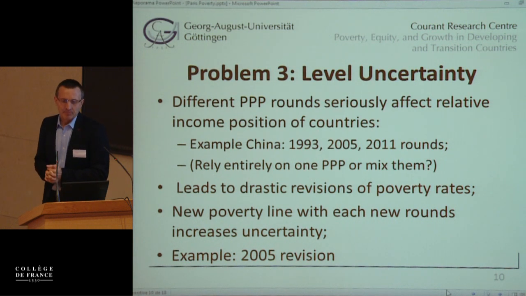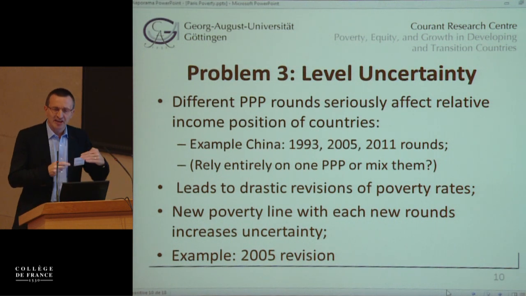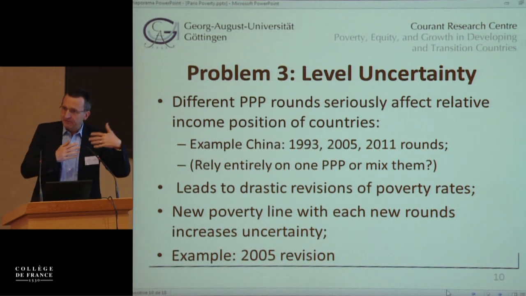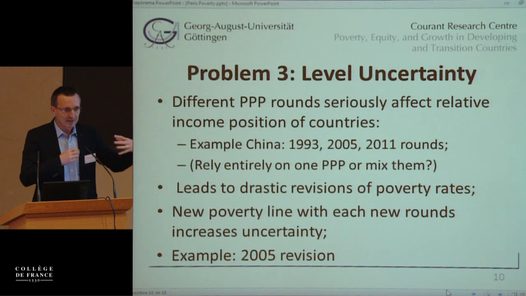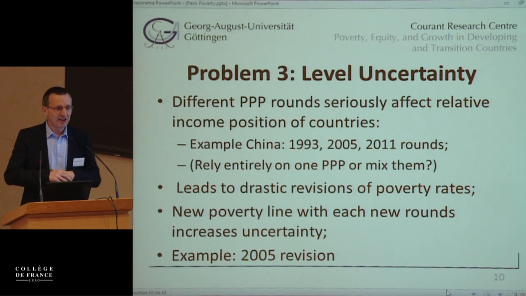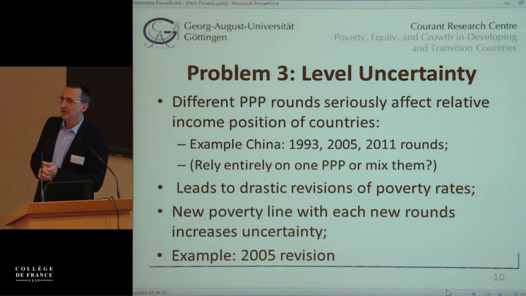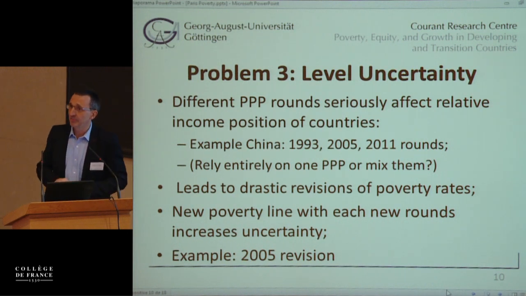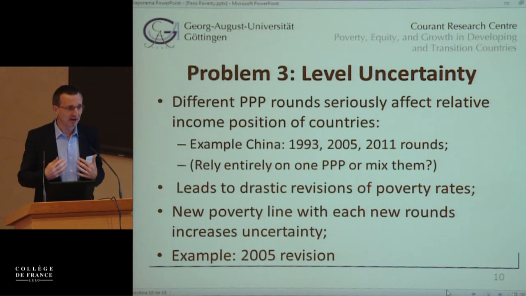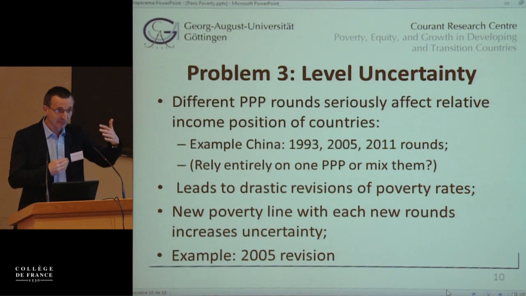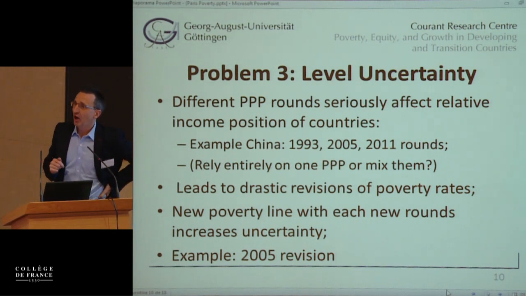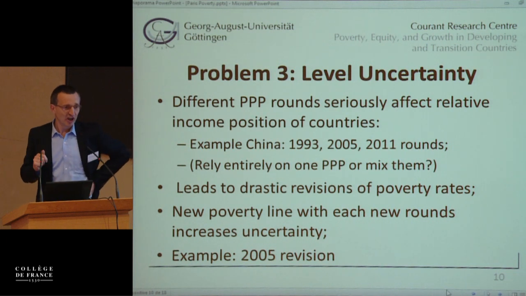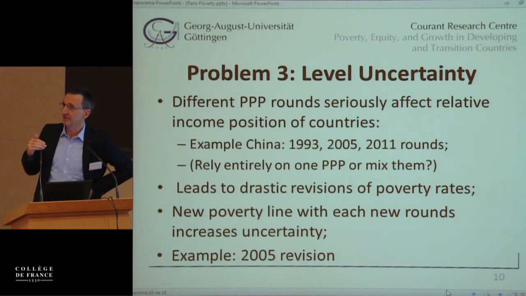And in 1993, China was seen as relatively rich compared to other parts of the world. In the PPP round in 2005, suddenly people said, well, prices in China are much higher, and China became 40% poorer in comparison to the 1993 round. And in the 2011 round, they say, oh, prices are no longer that high actually in China, and now China is again about 30% richer.